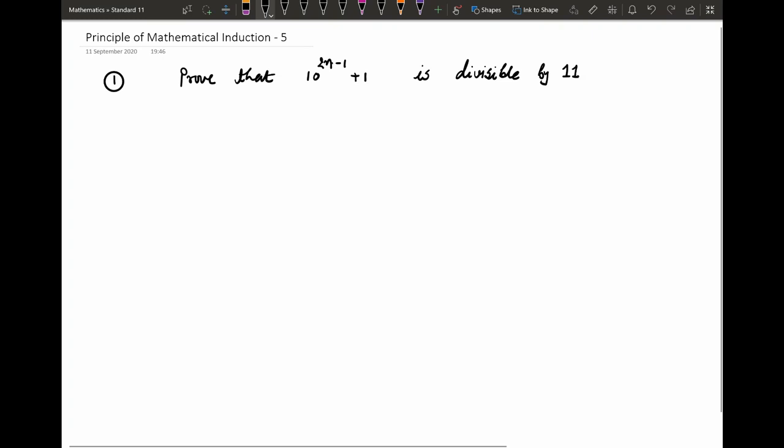So let us prove this result by principle of mathematical induction. We have to prove that this number 10 raised to 2n minus 1 plus 1 is divisible by 11. So we denote this statement as usual by P of n. Solution.